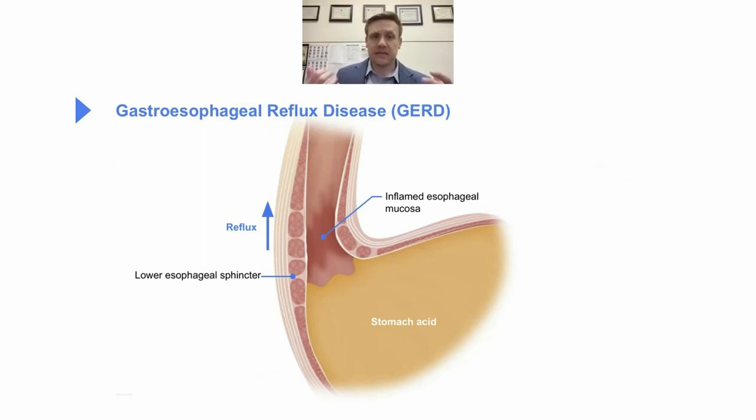Again, something that will make a lot of sense if you learn the histology of the GI tract. But long story short, the esophagus is not meant to handle this, and that acid is very damaging, makes it very inflamed, and it can be very painful.